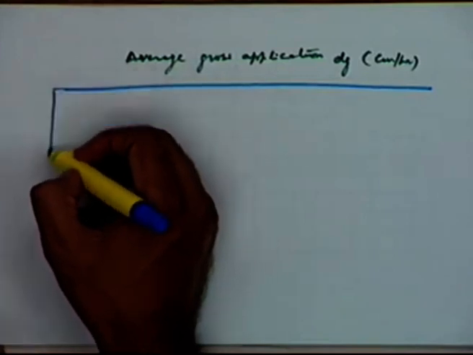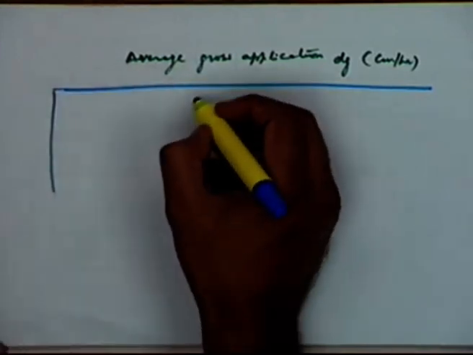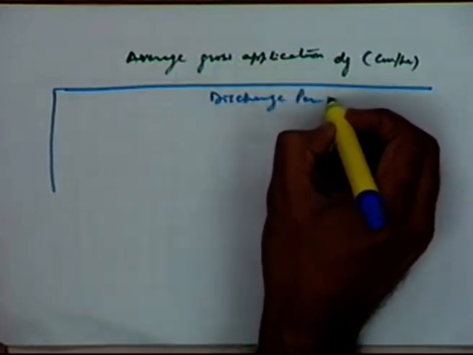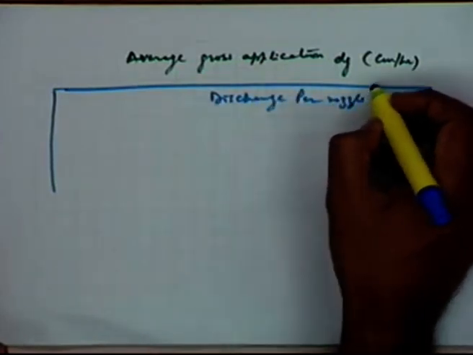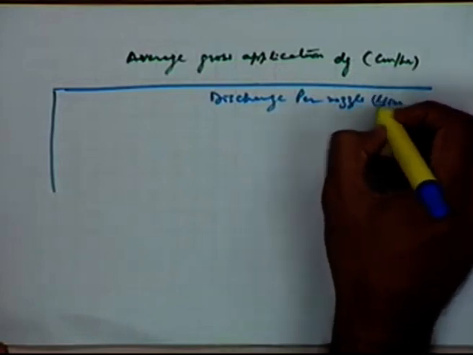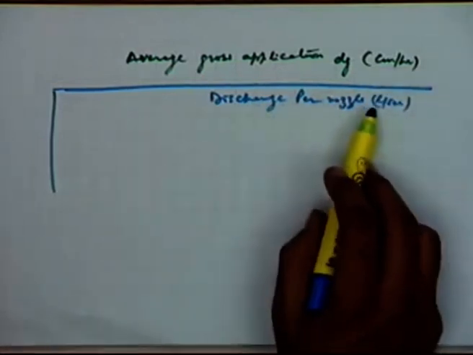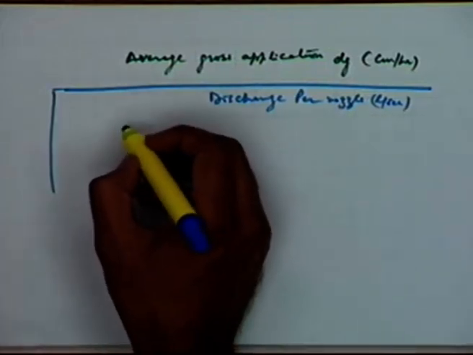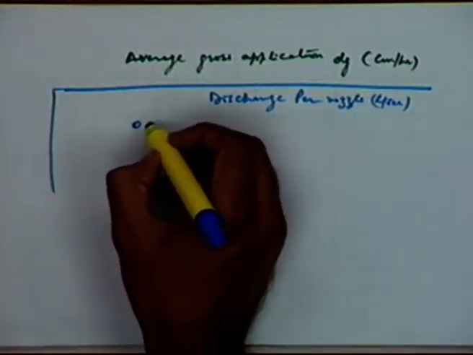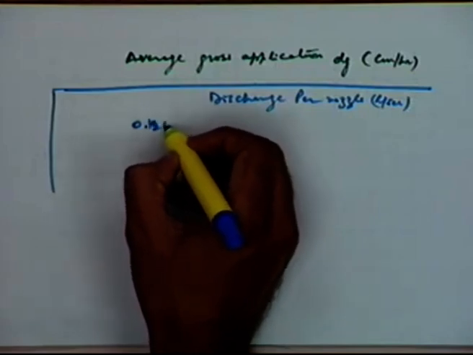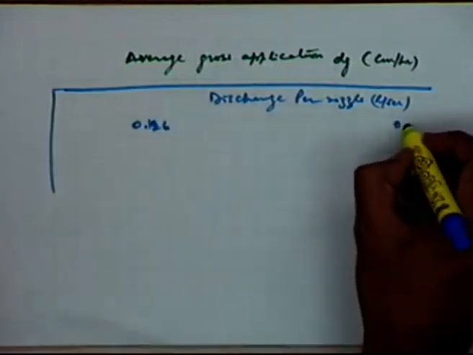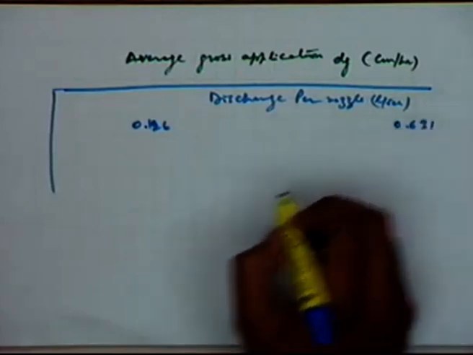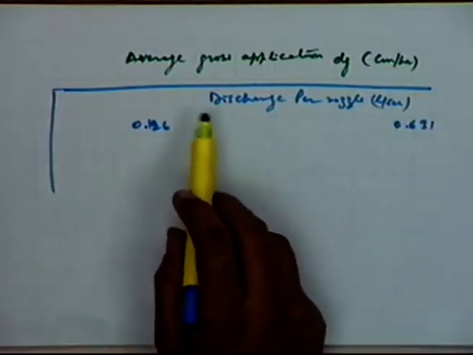And in this table, the discharge per nozzle is known for different nozzles in liters per second, and these discharges vary from 0.126 liters per second to 0.631 liters per second.